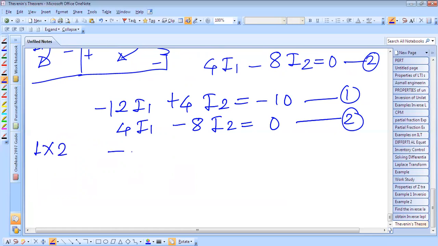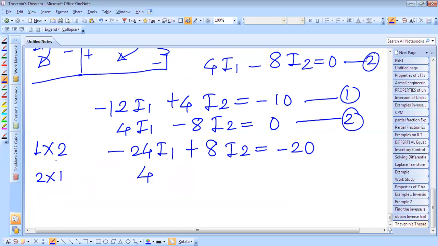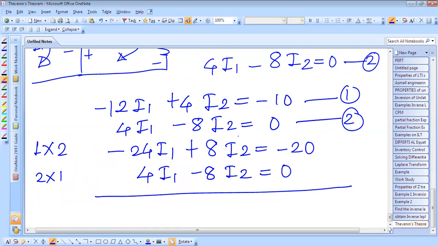So minus 24I1 plus 8I2 is equal to minus 20. And equation 2 will remain the same, multiplied by 1. Okay, now just add these.